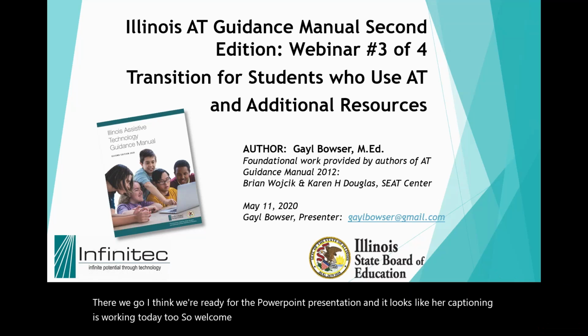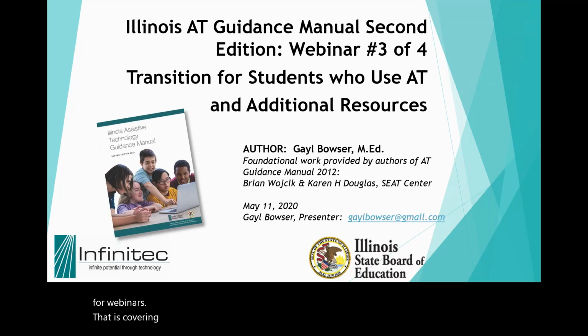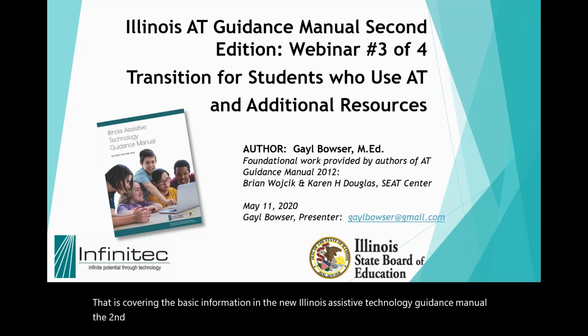This is, as Sam said, the third in a series of 4 webinars that is covering the basic information in the new Illinois Assistive Technology Guidance Manual, the 2nd edition of that manual.